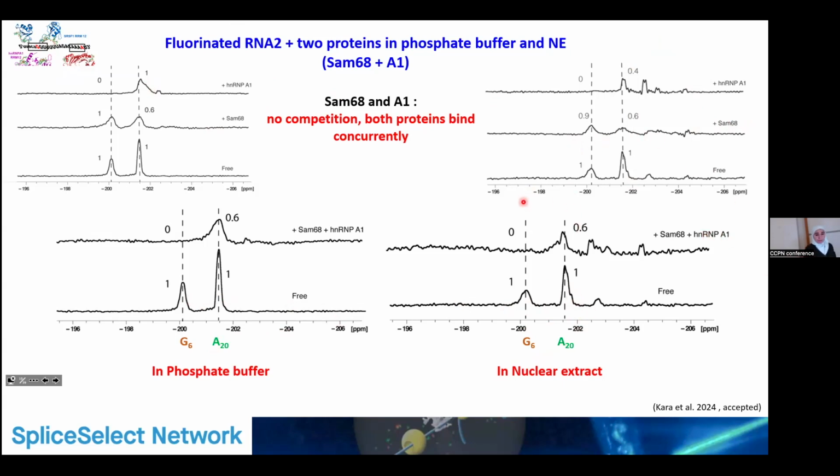And here you see something nice, which is a combination of the famous 40% decrease of SAM68 combined to the 0% of A1. Same thing in buffer. This is what we don't see when we add only one protein, which is good. It means that both proteins are binding, so both proteins give their effects on the RNA. No competition between SAM68 and A1.